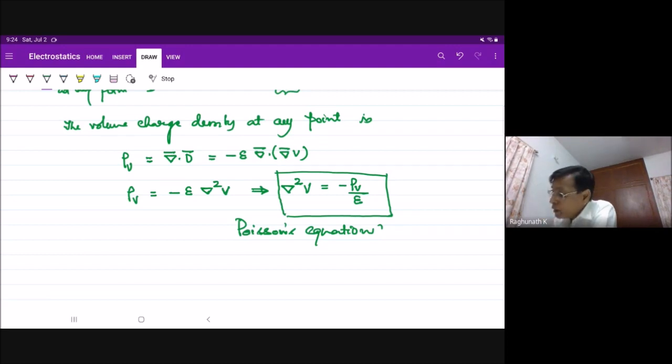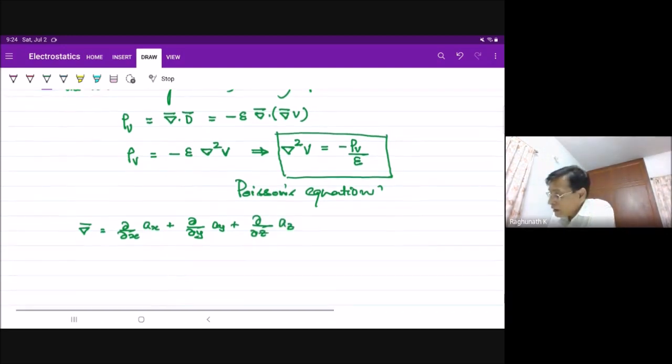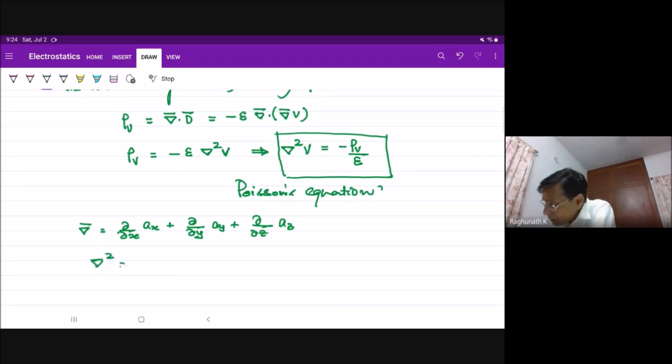Del bar is equal to dou by dou x ax plus dou by dou y ay plus dou by dou z az, is known to us. Del squared is dou square by dou x square plus dou square by dou y square, because it is del bar dot del bar, plus dou square by dou z squared.